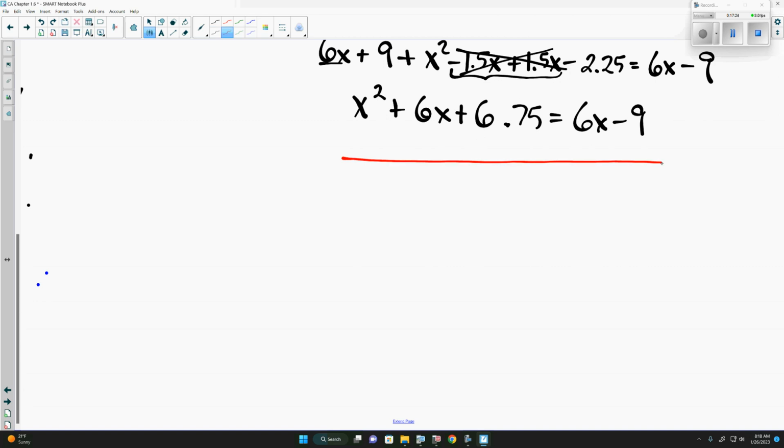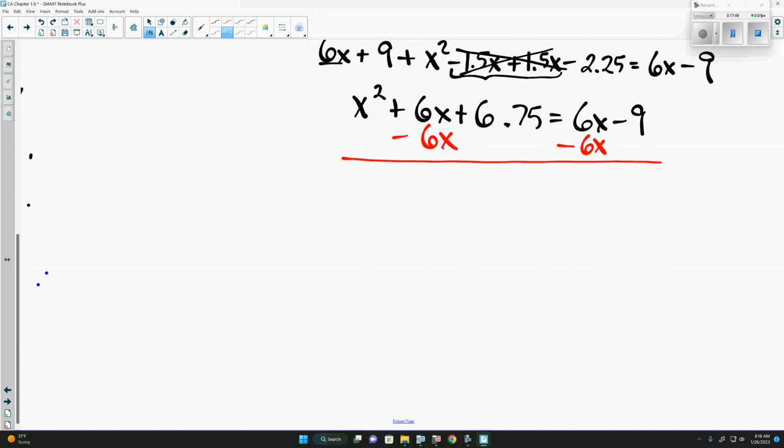Now we need to start moving things, yes? Now I would say move everything to the one side, but what do we know about 6x and 6x? They're both positive, yes? So if I subtract 6x from both sides, what happens to our middle term? It goes away, yes? If we don't have a middle term, what method can we solve quadratics by?